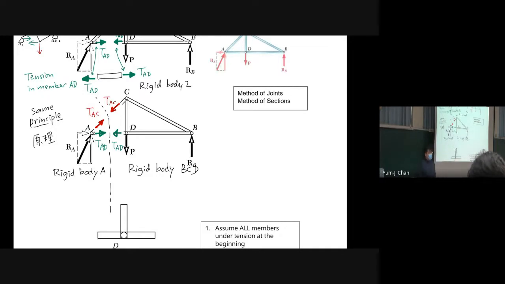Now, for rigid body A, it is only a point, because the whole truss is in equilibrium.